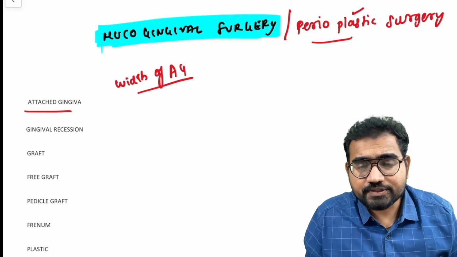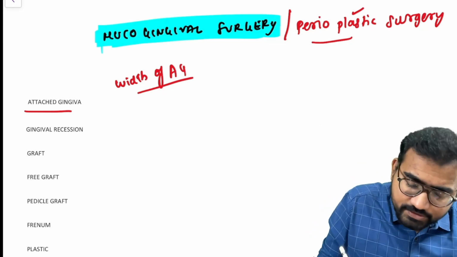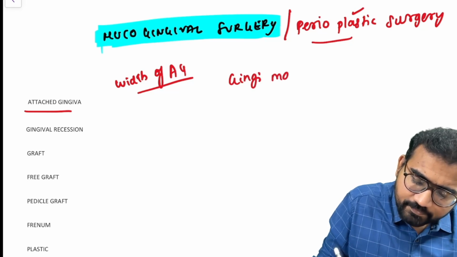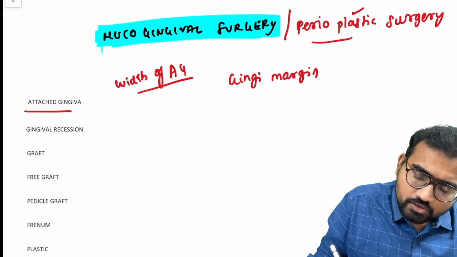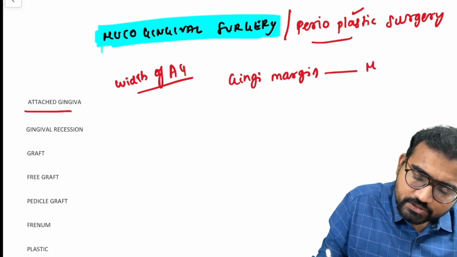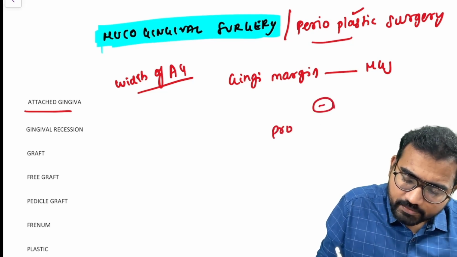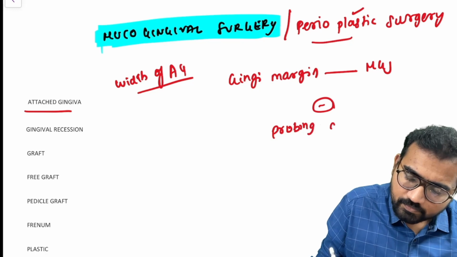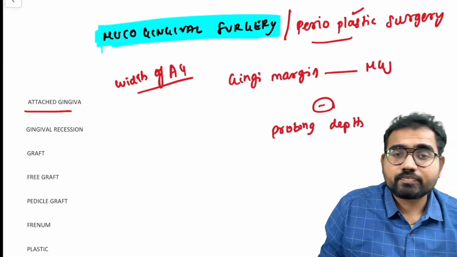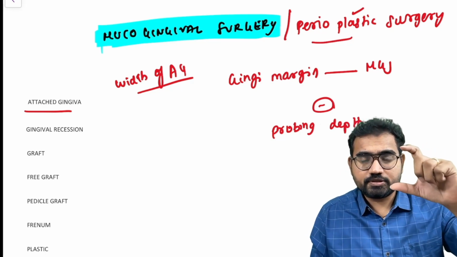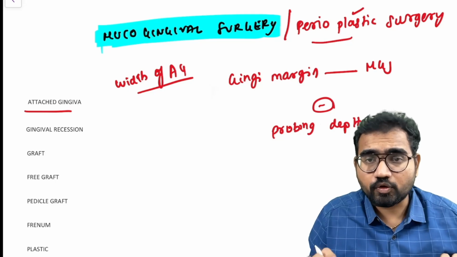So width of attached gingiva is nothing but the distance from the gingival margin to the mucogingival junction, minus the probing depth. The gingival margin to the mucogingival junction, and I'm subtracting the probing depth.